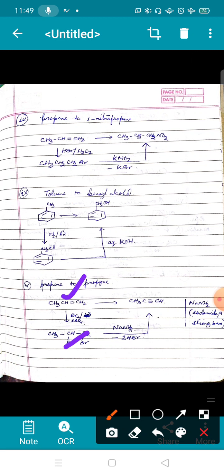That means this product. But that is not my requirement. We need a stronger base which will be able to remove one HBr from here, another HBr from here, and then we get a triple bond here. And the name of this is sodamide, NaNH2, which is a much stronger base. So that's how you can carry out this conversion.